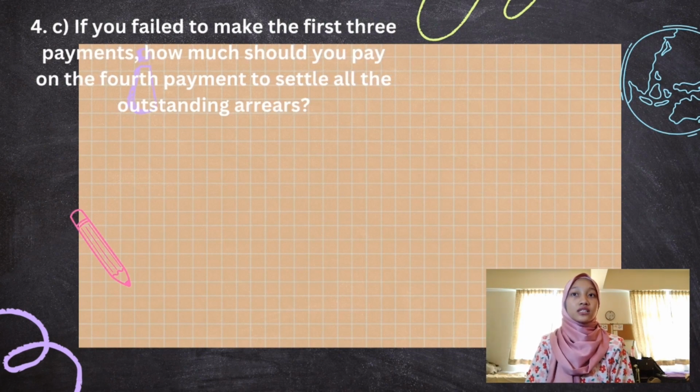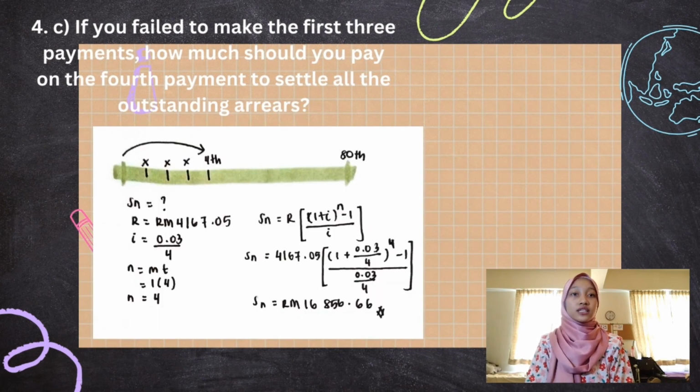So in this question, you need to draw the timeline and then using the formula of S_N, you can find the answer. The R given is RM4,167.05. I equals 0.03 over 4. N equals mt equals 1 times 4, so N equals 4.